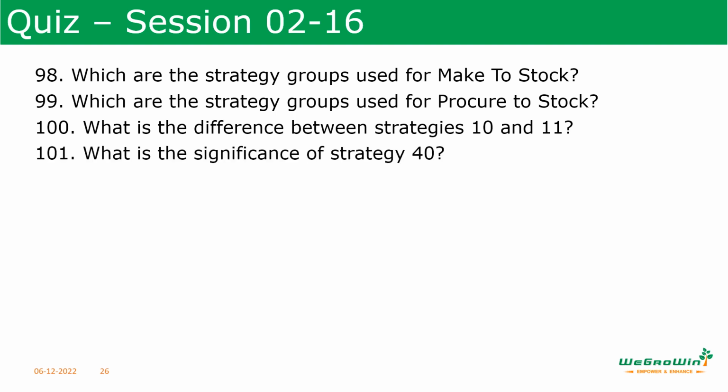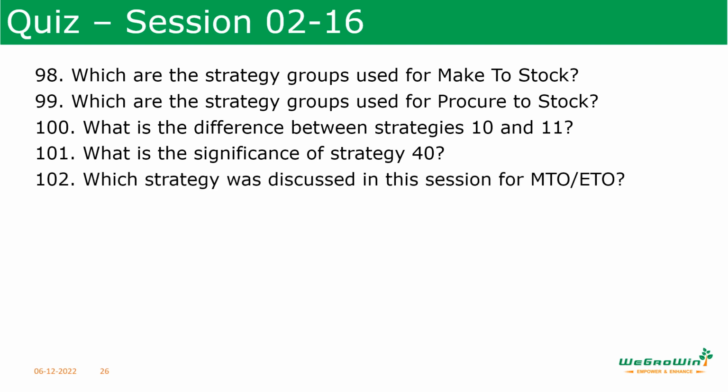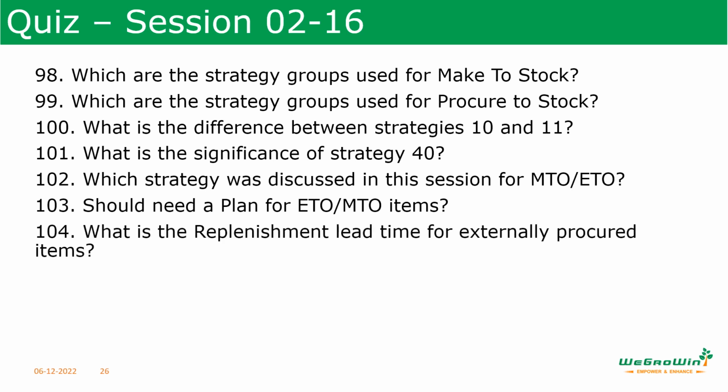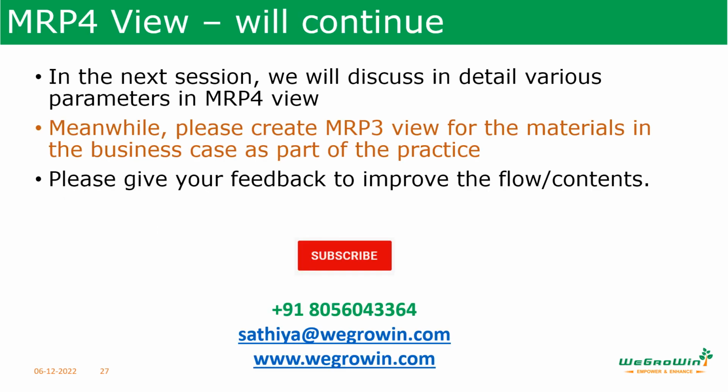What is the significance of strategy 40? What strategy was discussed in this session for ETO and MTO? Should we need a plan for ETO, MTO items? What is the replenishment lead time for externally procured items? So these are the quiz questions for this session. We'll see the answers in the next session.